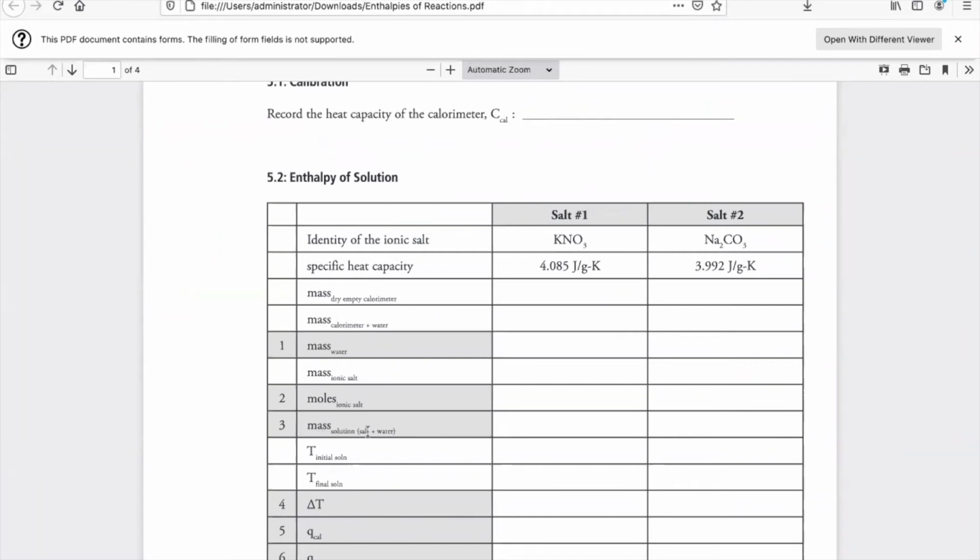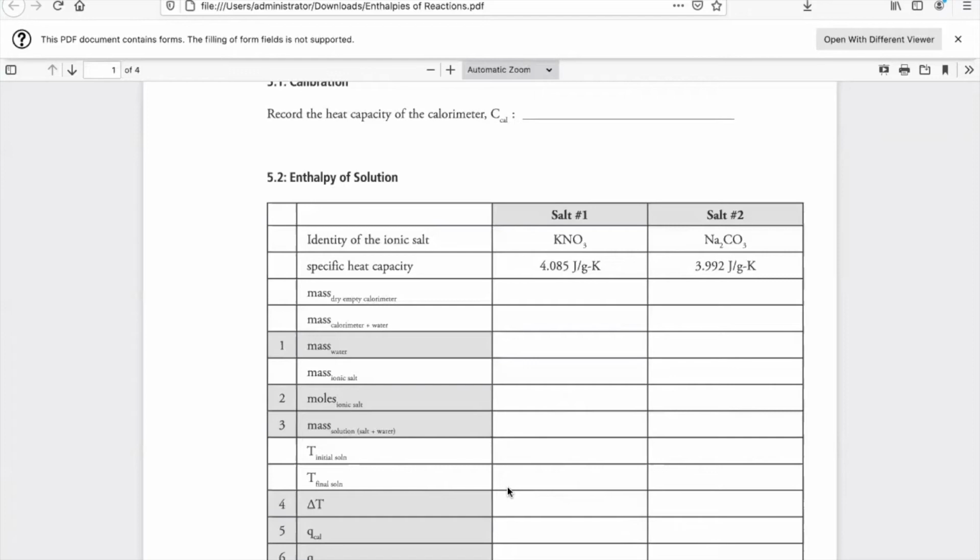So we need to get the mass of H2O and mass of the salt so that we use the equation. So you can add the mass of the salt and H2O for line 3. This is pretty straightforward. You're going to do the same thing for that. And then look for the final and initial temperature to get the change in temperature.